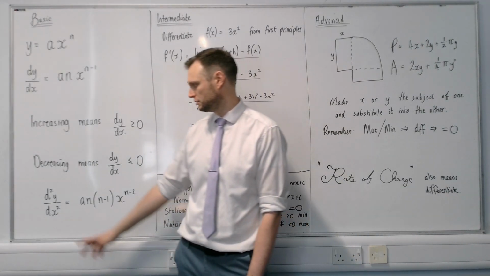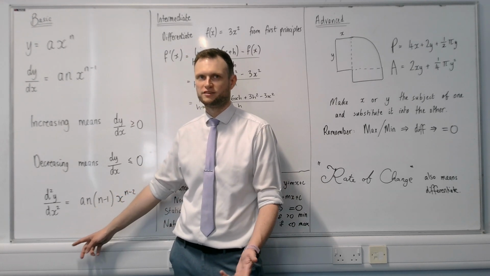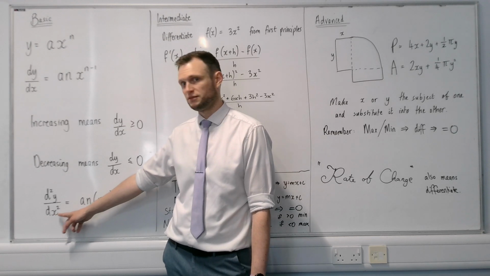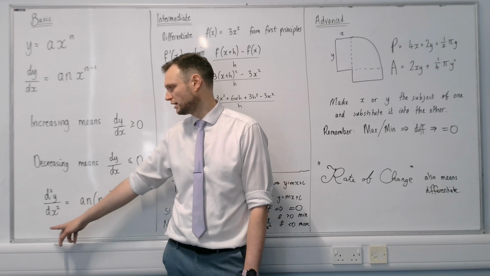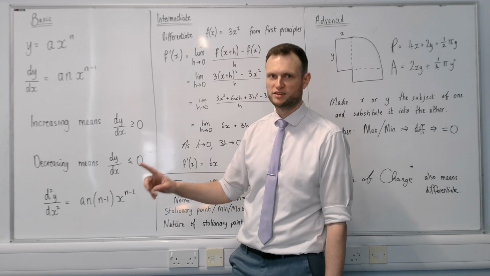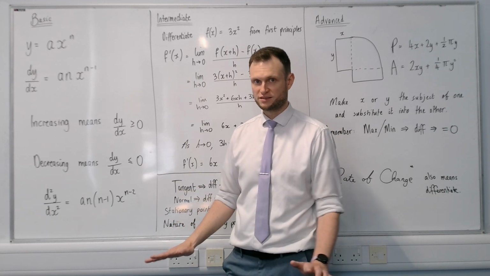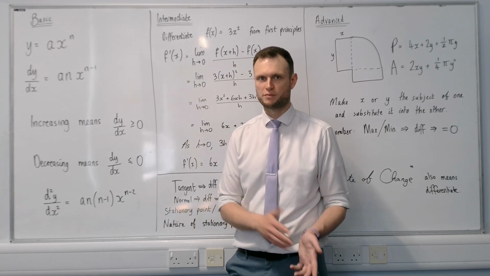The second derivative is not used as often as I see a lot of people using it. The only reason you would use the second derivative at this stage is to prove the nature of a stationary point. It's not to find a stationary point, it's to prove that it's a minimum or a maximum.